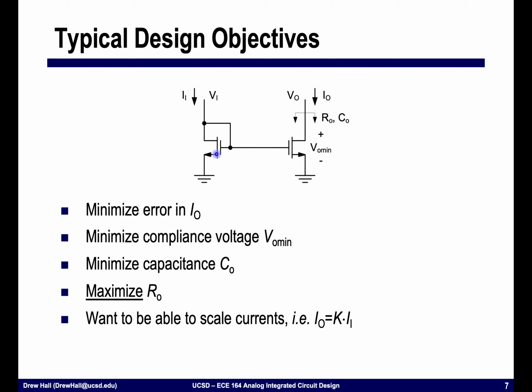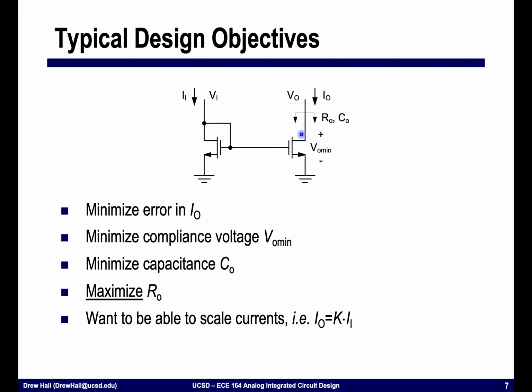Recall that this transistor over here will always be in saturation given its diode connected structure. The transistor on the right, though, will only be in saturation if V out is large enough to allow this device to be in saturation. Once this device goes into linear, it is no longer a good current mirror.